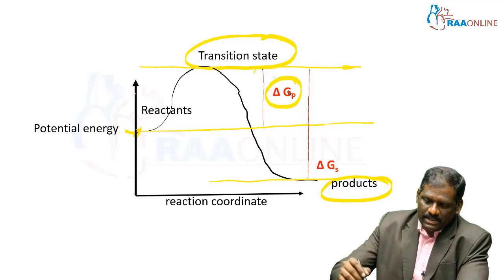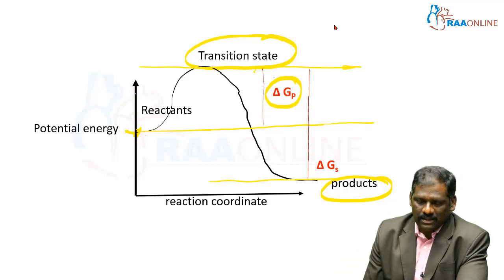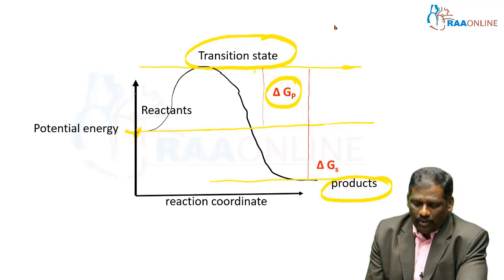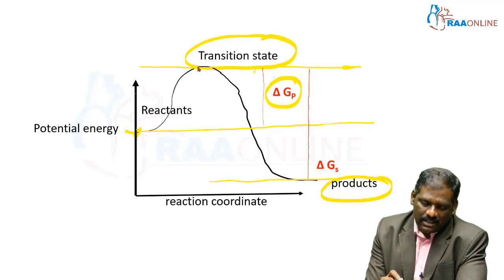Suppose this reaction is a reversible reaction. Say from the product you are getting the reactant. What actually happens in this? The product has to get elevated to the transition state, and from this transition state the reactants are going to get formed. Clear?